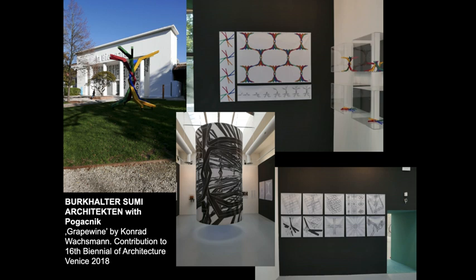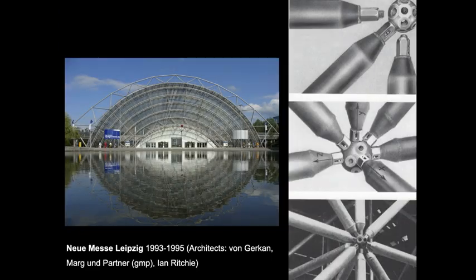And let me give you a very contemporary example, the Fair of Leipzig, designed by the architects von Gerkan, Marg and Partner, with Ian Ritchie as engineer, and they used the system which was once constructed by Max Mehringhausen, the so-called Mero knot.